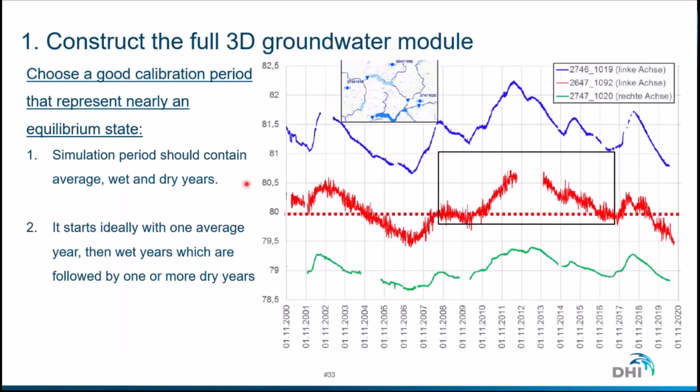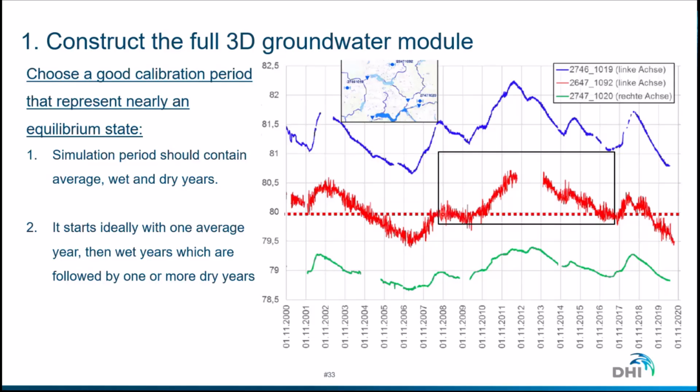When you start with the transient calibration, it's again important to look at the data, like I showed you in the very beginning. Ideally, you choose a good calibration period that represents nearly an equilibrium state at the beginning. So if you see here meters above sea level, the red one is the measured one. The mean is around 80.